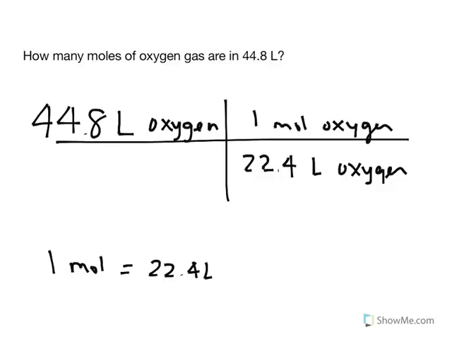So if you do 44.8 times 1 divided by 22.4, you get 2, rounded to sig figs 2.00 moles of oxygen.